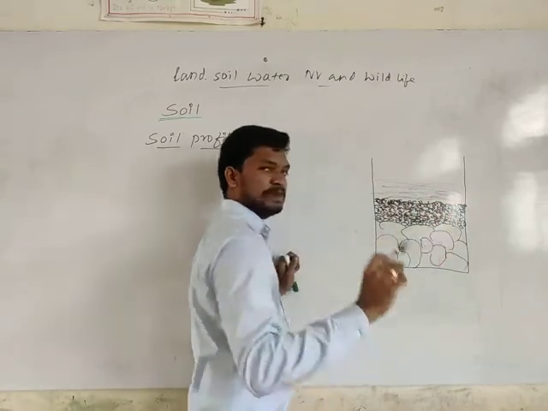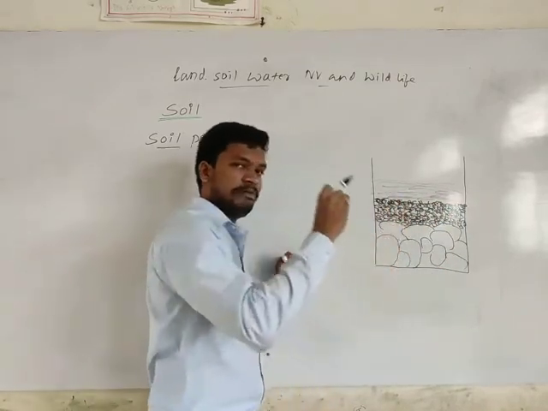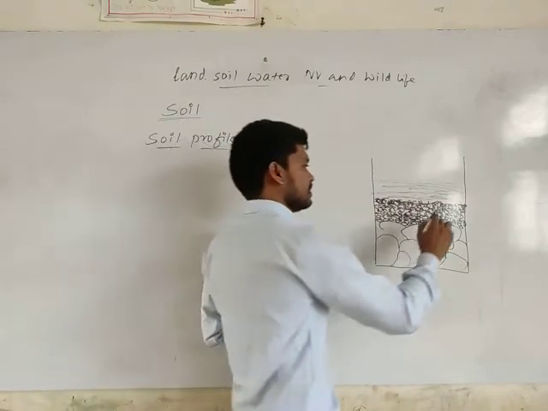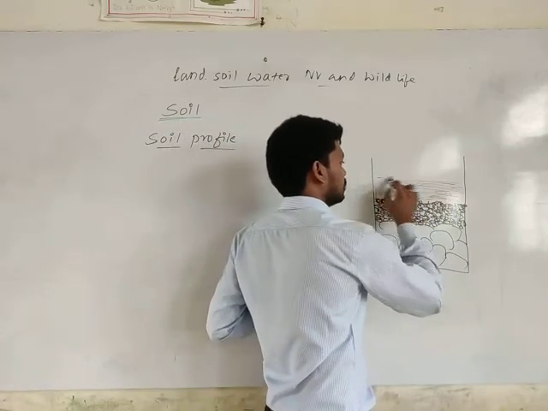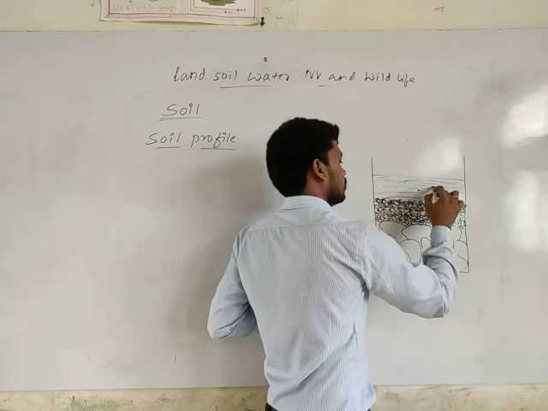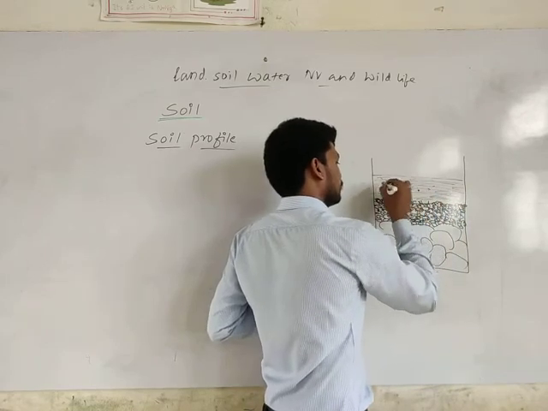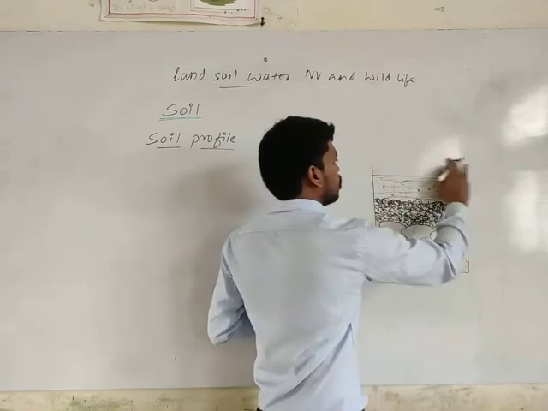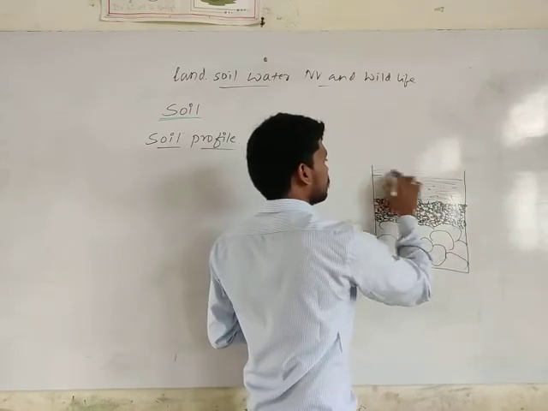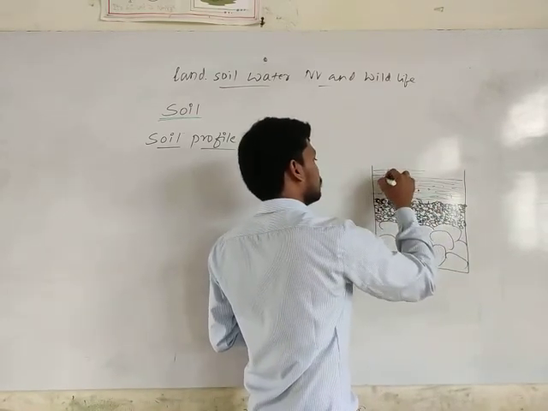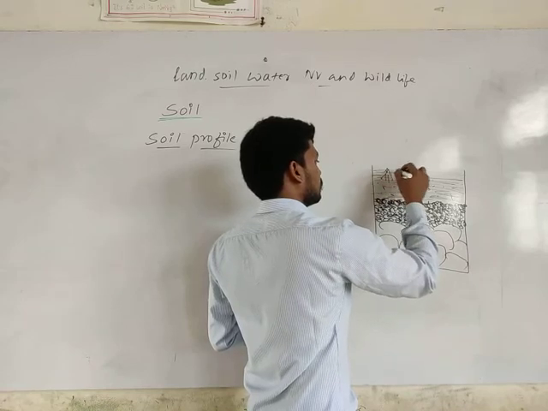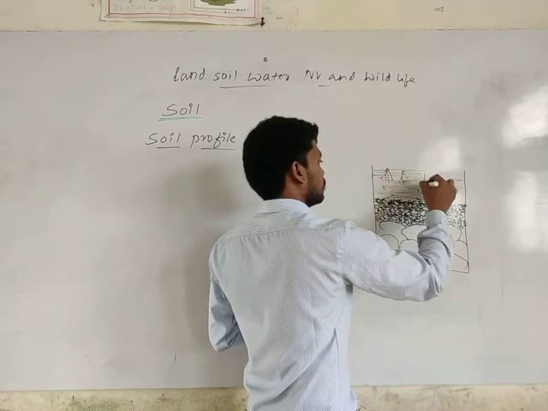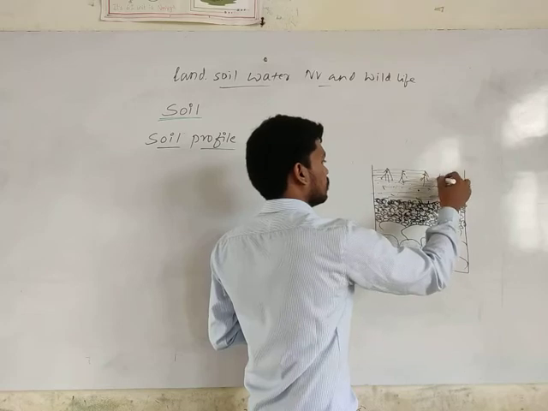This weathered rock, the pieces of rock broken into very tiny segments, together with some other parts of our rocks over there, and above it we will get topsoil. You get it?